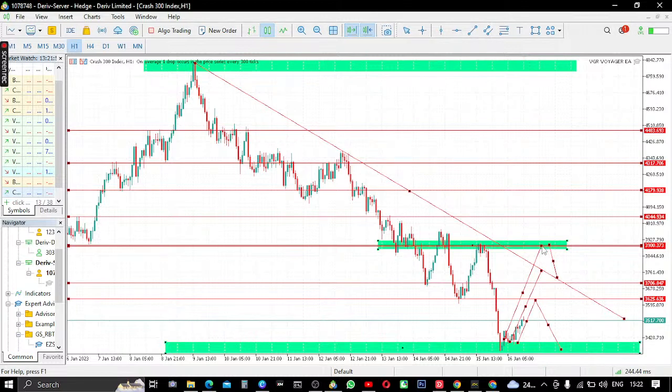The market coming up to there. So we'll see the market coming up to there. So once the market comes up to there, we'll confirm either the market will be changing direction, going up there, or the market will continue with a sell.